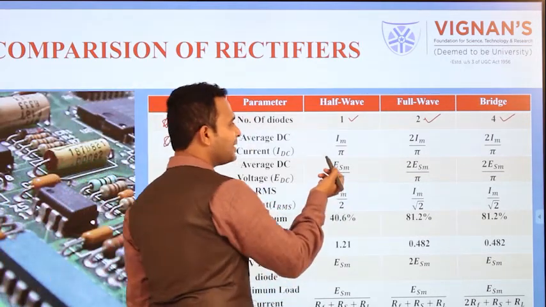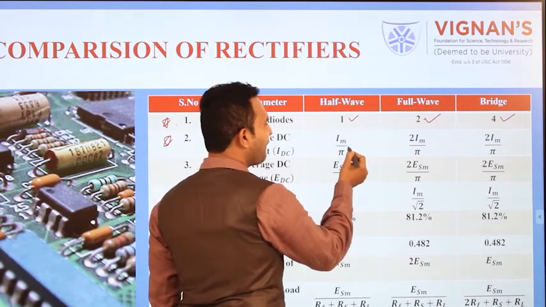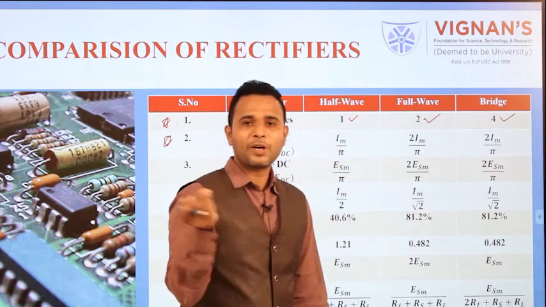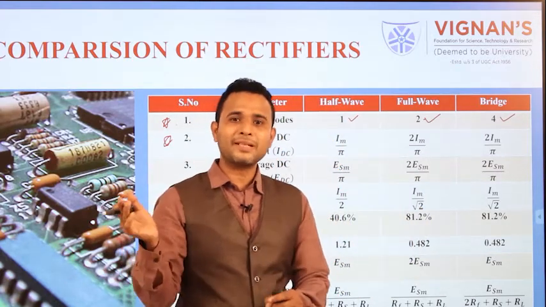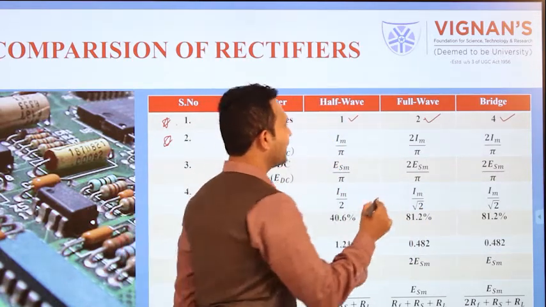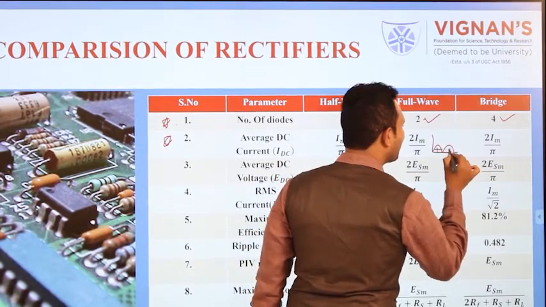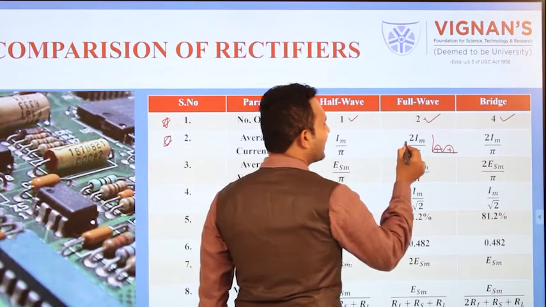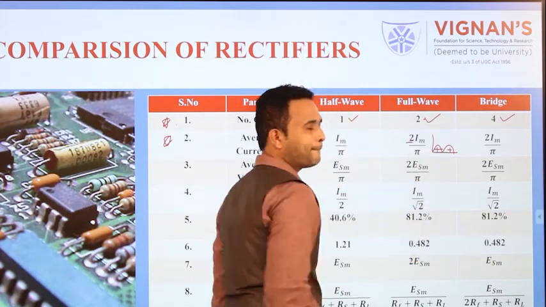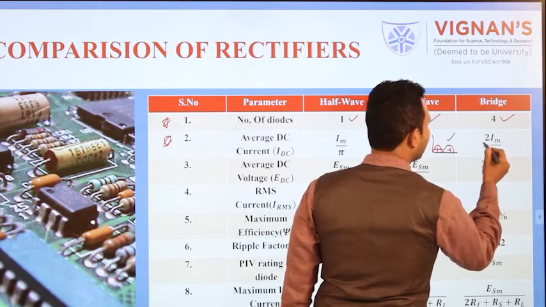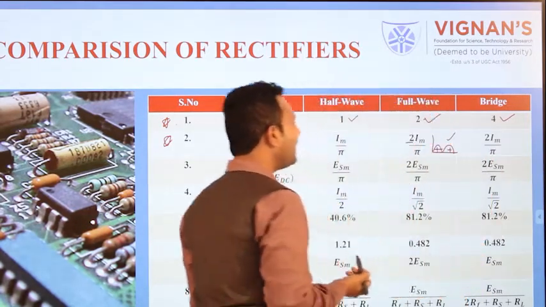The average DC voltage is Im by pi. Here we get 2 Im by pi, because for the full wave rectifier we get 2 peaks at the output side. For the bridge rectifier also we get the same thing, so here also 2 Im by pi.